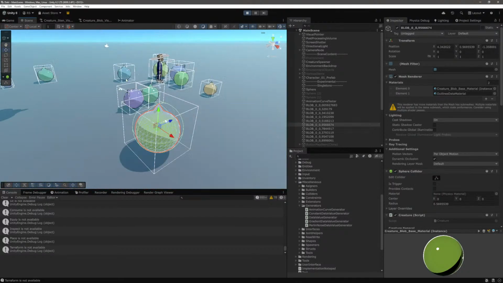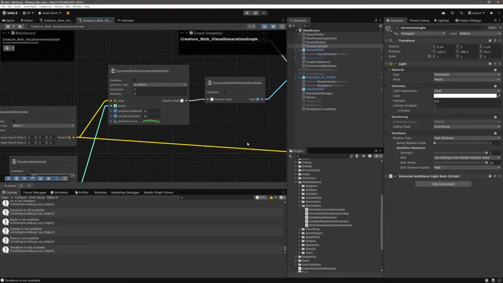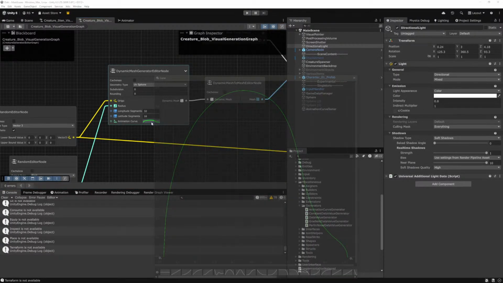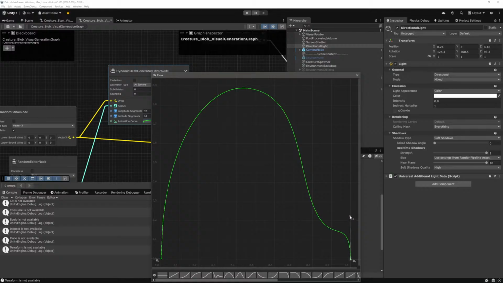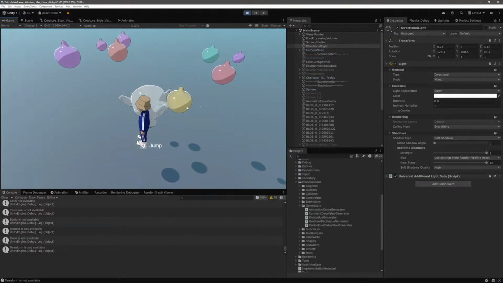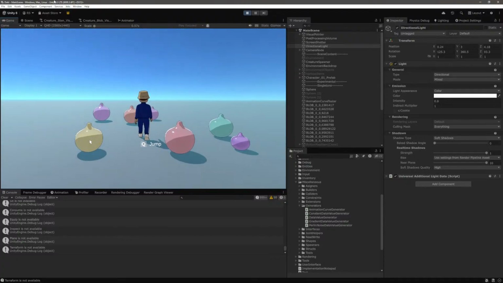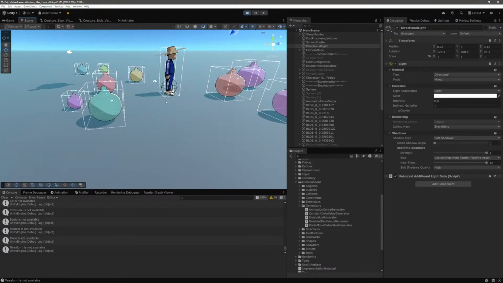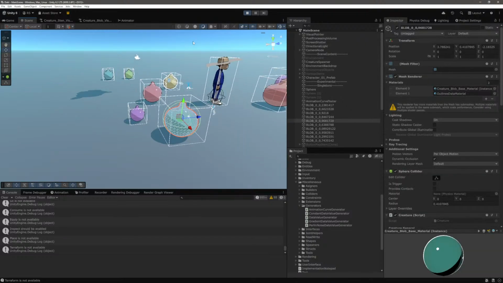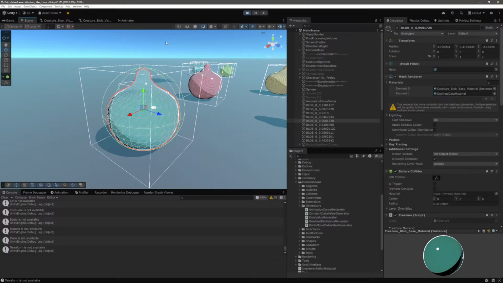We have an issue. I was hoping for not as pointy of a top.